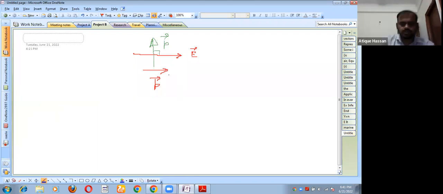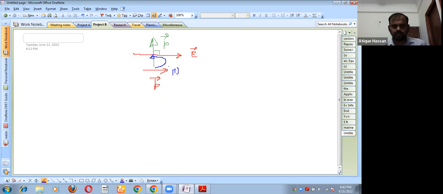We have been asked about the work done in rotating the dipole from parallel to 90 degrees. This dipole is rotated like this. Initially it was like this, then it is rotated and comes to this position.